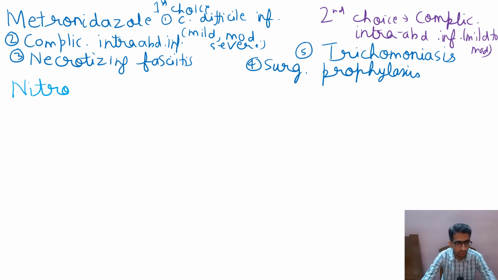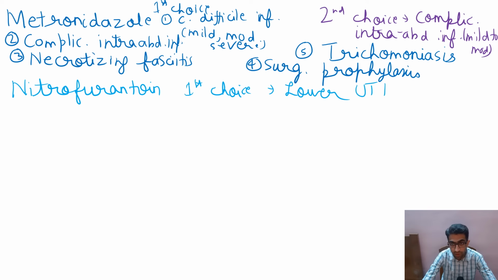Then moving on to nitrofurantoin. Here it is the first choice in lower urinary tract infection. You need to tell me in the comment section what is the difference between lower and upper UTIs. Then another drug here important, it is phenoxymethyl penicillin.